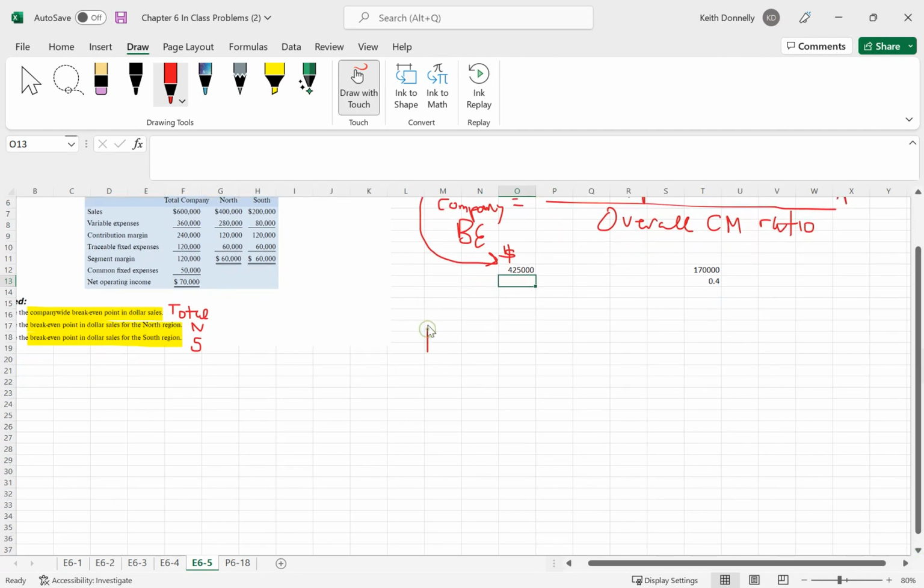Let's look at it from the north region. We're going to just focus on the north right here.